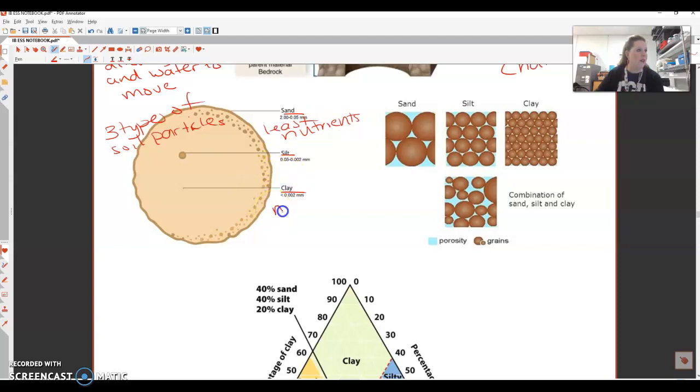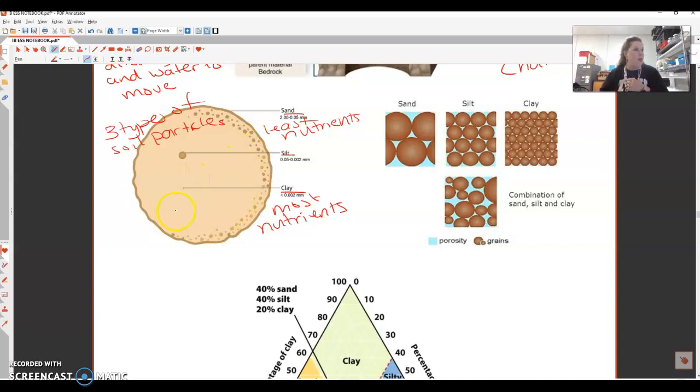Clay is going to have the most nutrients. Okay, so when you see these different soil sizes, you know that you're going to have a mixture of them in order for soil to retain enough water to support plant growth.